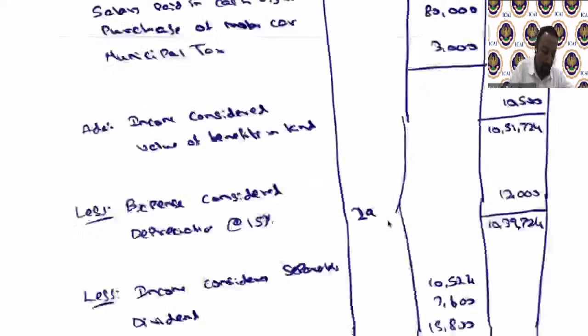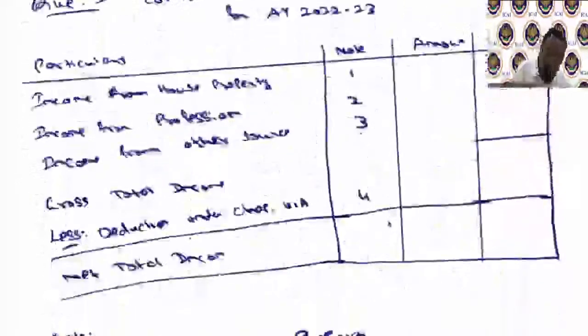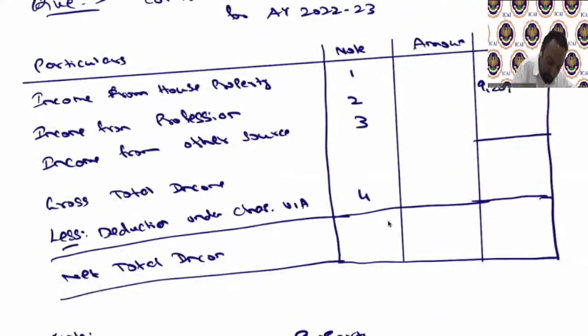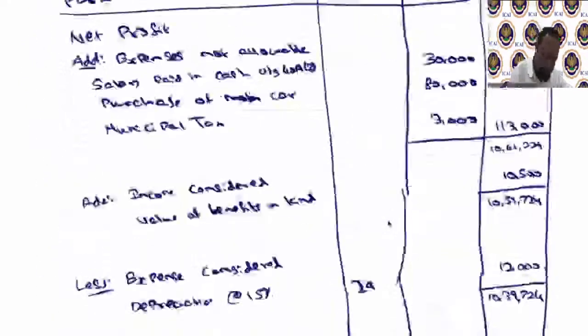Okay. So 920,200. Go to your business: 920,200. Then come to your income from other sources.